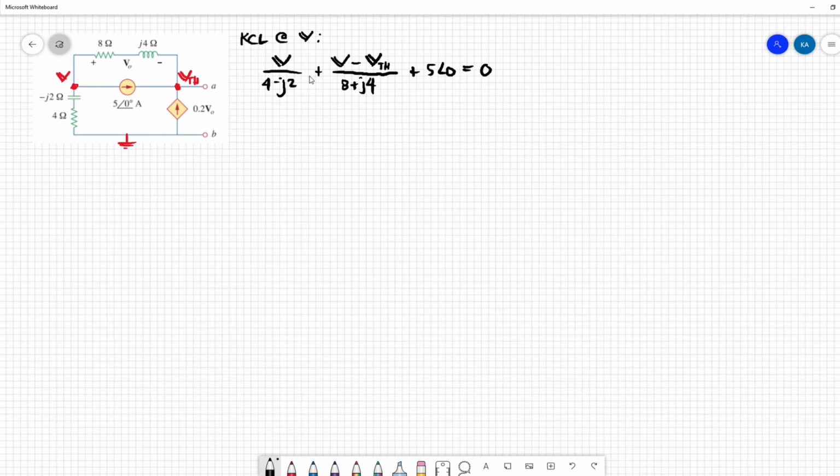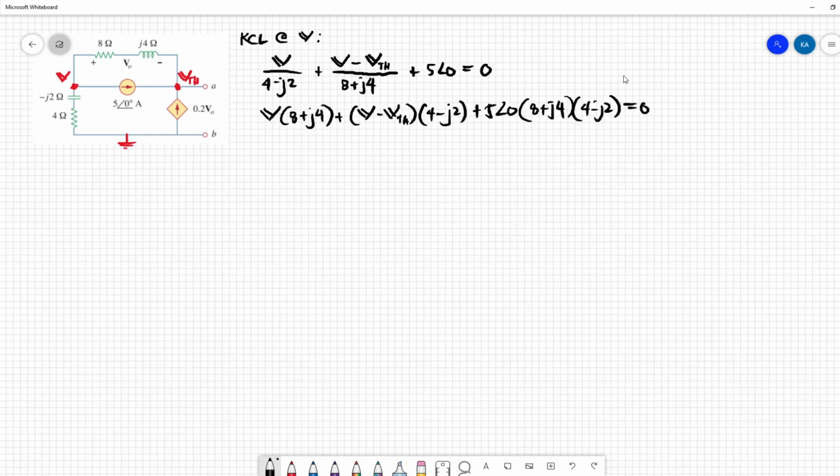Multiplying this equation by the two denominators, we have V times 8 plus j4 plus 2 angle 0. Simplifying the equation, we have our equation number 1.